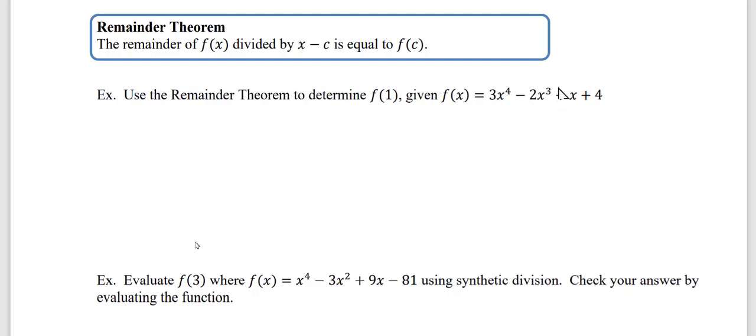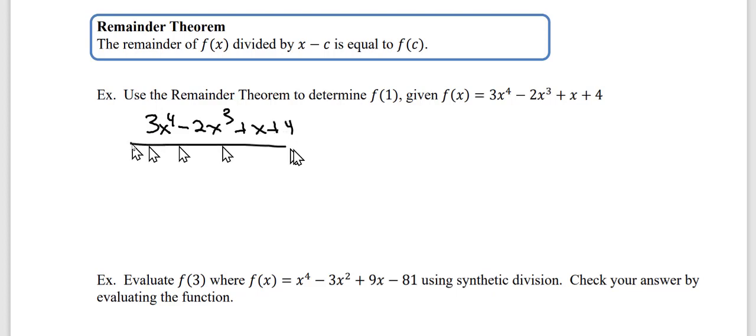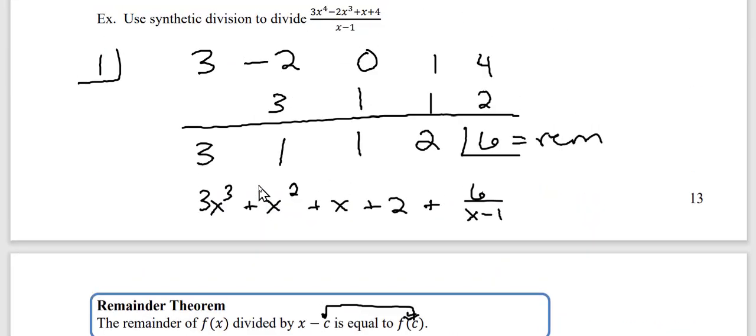Well, what the remainder theorem says is if we divide that function, 3x to the fourth minus 2x cubed plus x plus 6, by x minus 1, then whatever we get, the remainder is going to be equal to f of 1, because we are dividing by x minus 1. So these c's match.